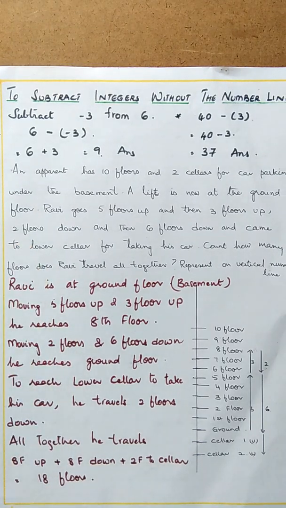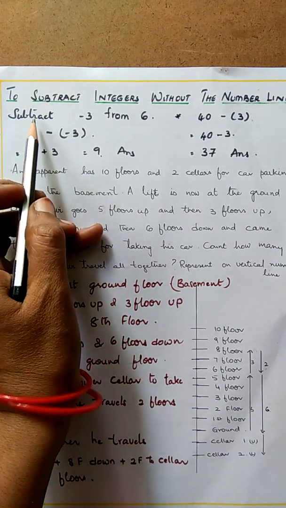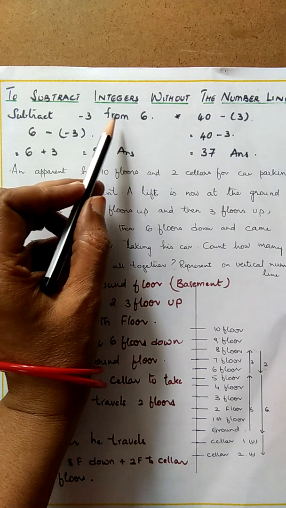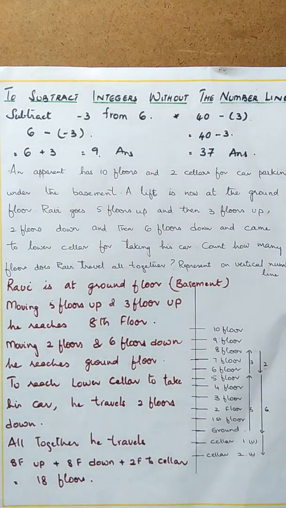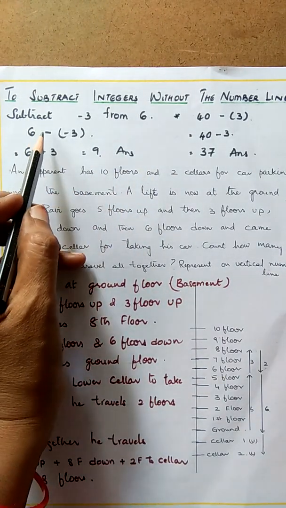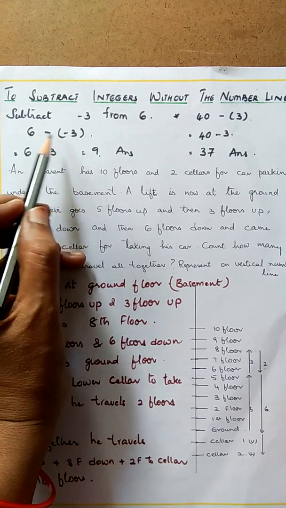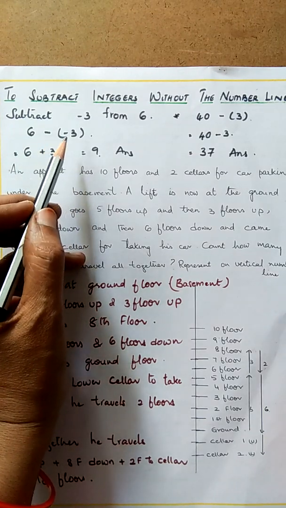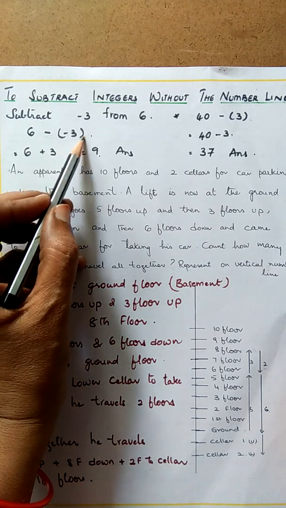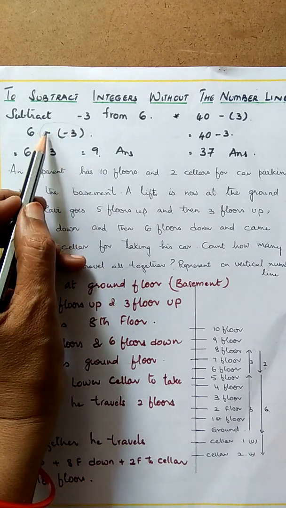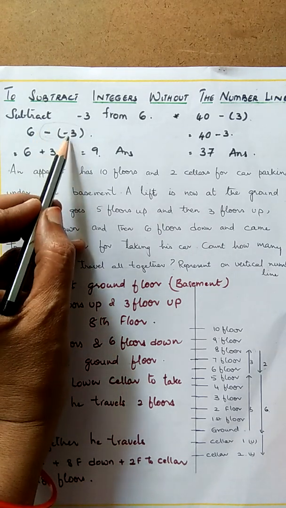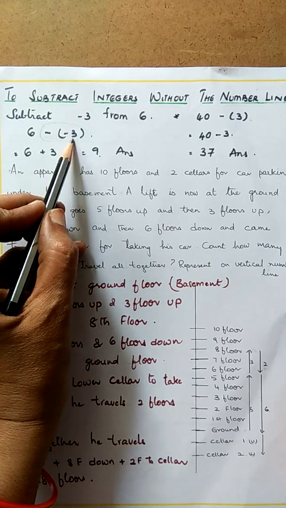Now, let us see how to subtract the integers without the number line. First, let us read the sum. Subtract minus 3 from 6. So, how do we write it? 6 minus minus 3. Now, instead of minus 3, you put the additive inverse of minus 3.